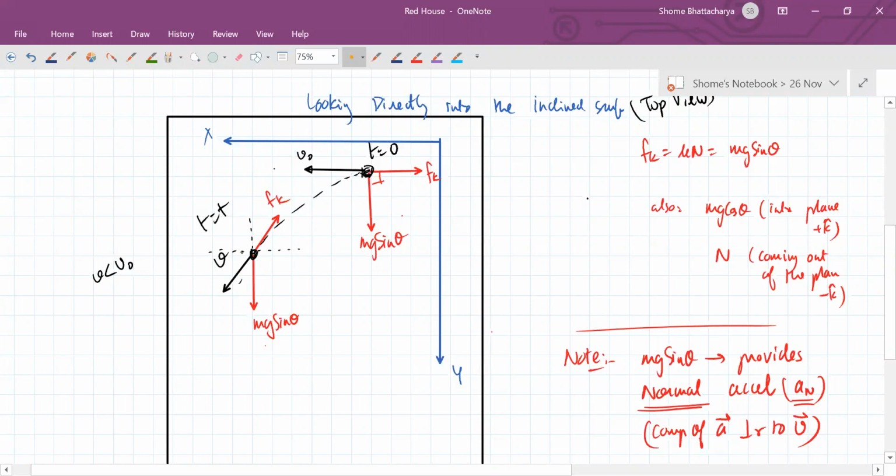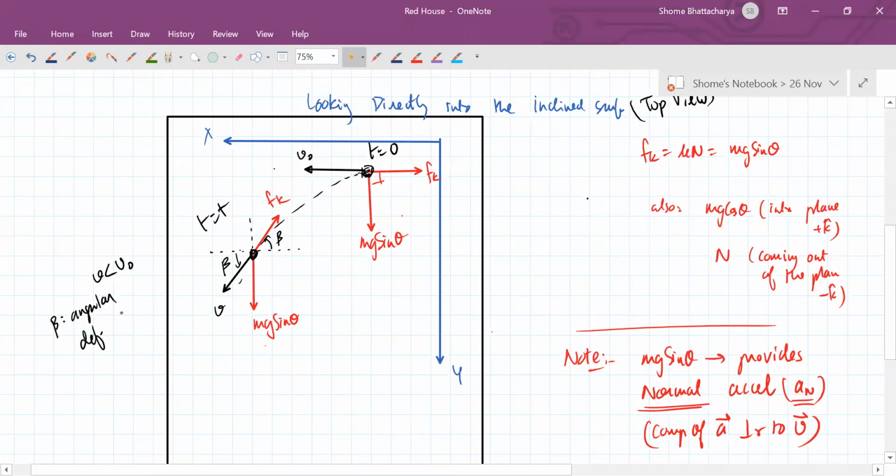So let's say this angle is now theta. We can't use the term theta because theta is already there. So we'll use some other term instead, let's say beta. So beta is, you can say, the angular deflection.